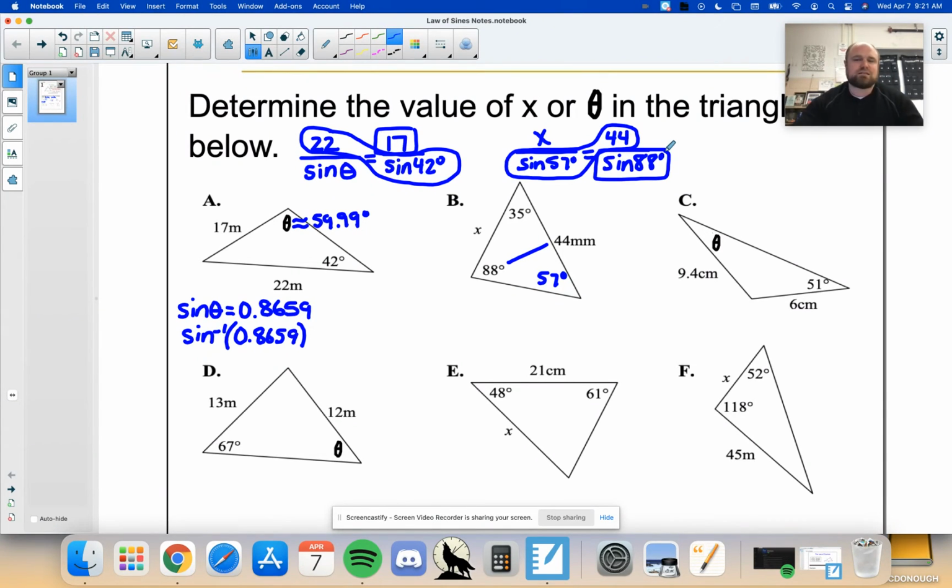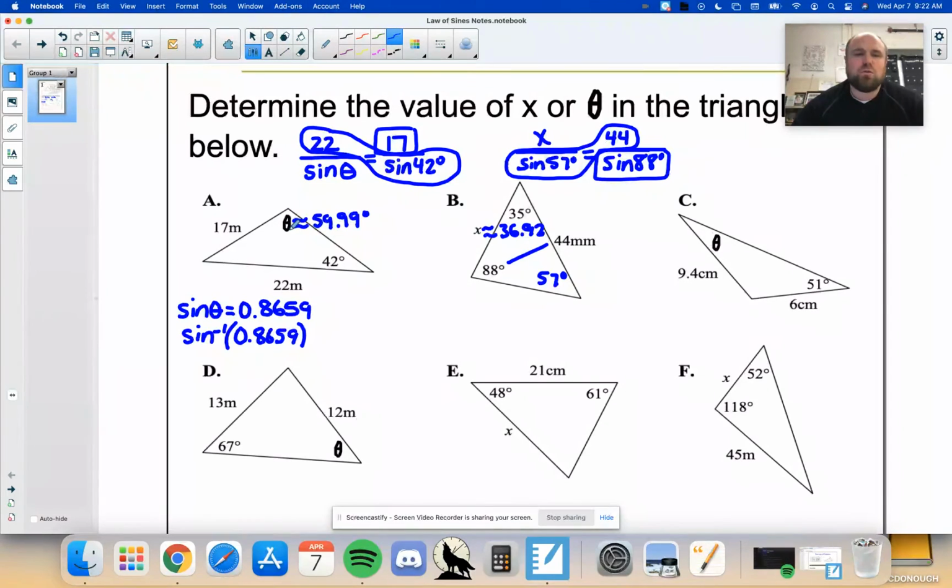When I divide by the sine of 88, I get x is approximately 36.92. To me that seems very reasonable because it does look like it's a little bit shorter than this 44, and 36 is a little bit shorter than 44 for a side length.